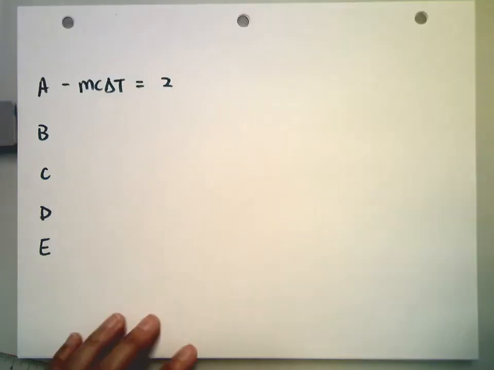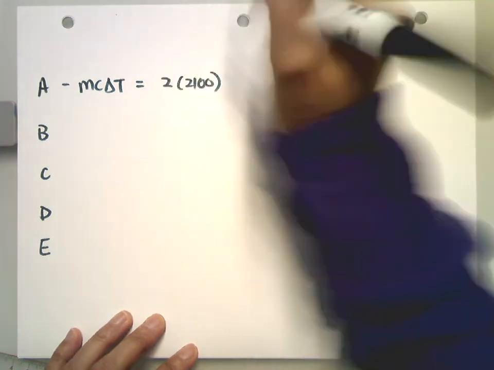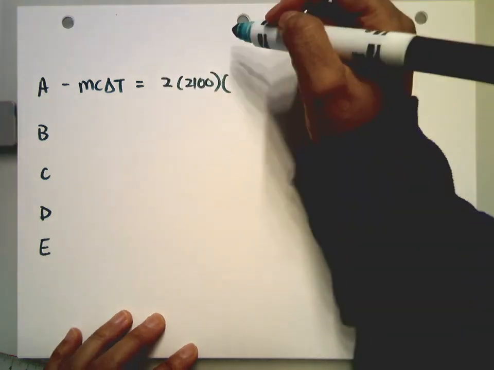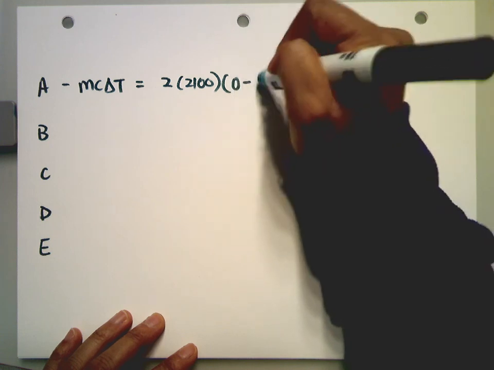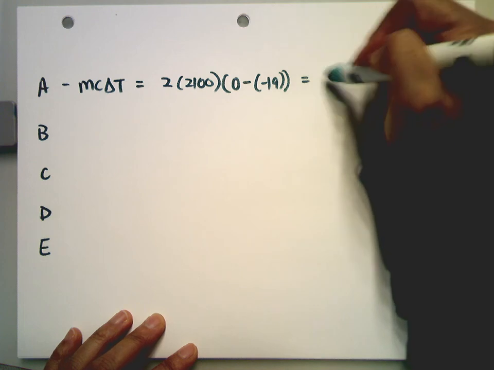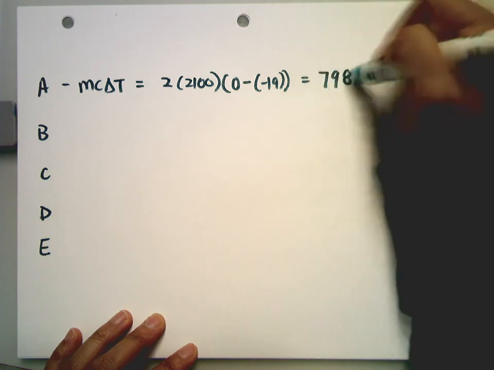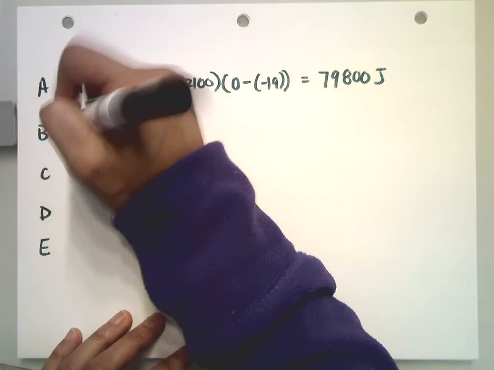Okay, remember, it's not water, it's ice. So you got to look up for ice. So 2100, and then the temperature, the final temperature is 0, minus negative 19. And that works out to be 79,800 joules.